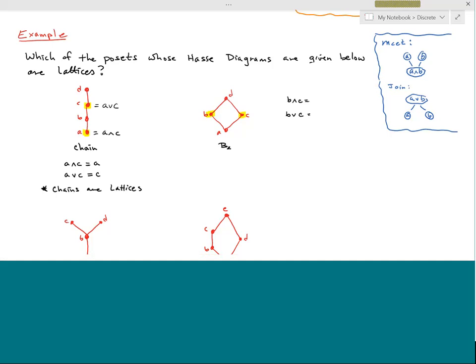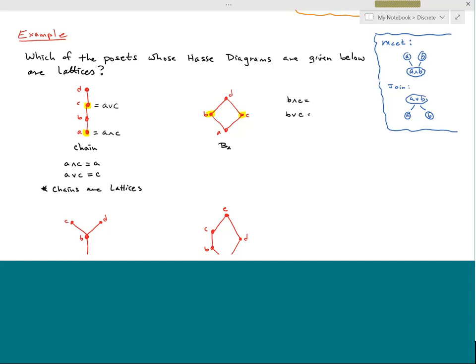That's also a possibility. So what do you guys think? What might be the meet here? Your greatest lower bound. In this one, it actually does exist, so you'll be able to find it. If it doesn't exist, that would be one of the times when we don't have a lattice. So that'll be one of our future ones.